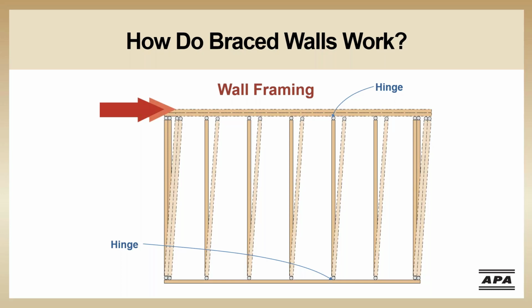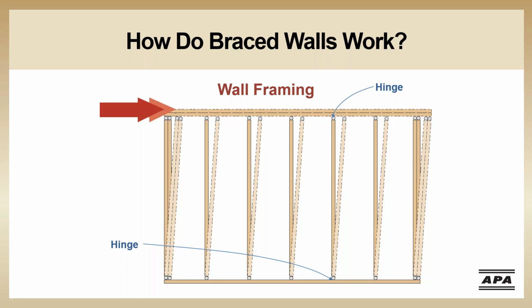Let's take a quick look at how bracing systems work. A stud wall by itself, in other words, without any bracing, such as wood structural panel, has very little stiffness. When a load is applied to a wall that doesn't have any bracing, the nailed joints between the studs and top and bottom plates act like hinges and are actually called hinged connections because they bend easily.